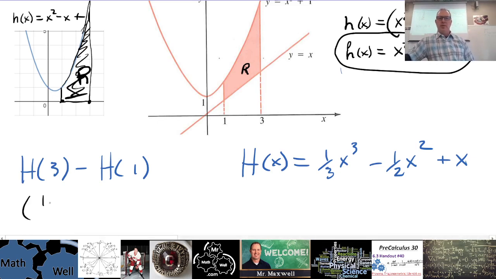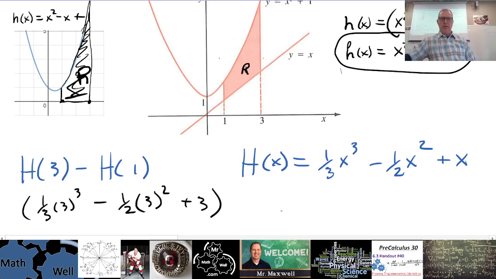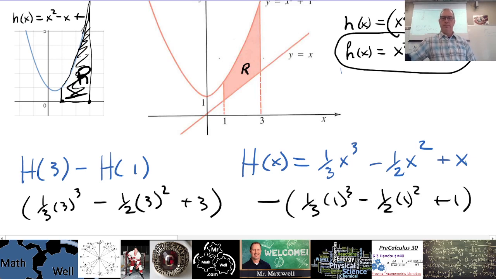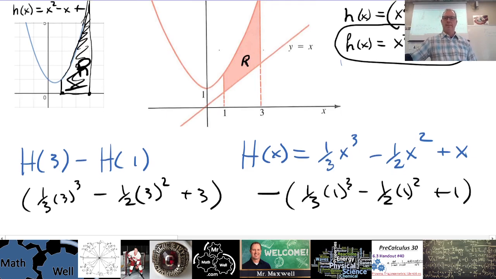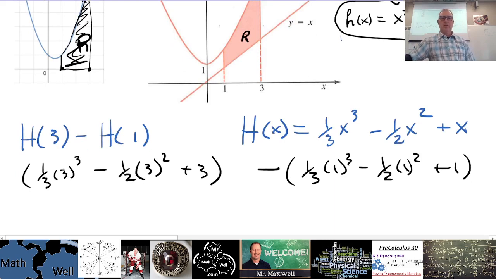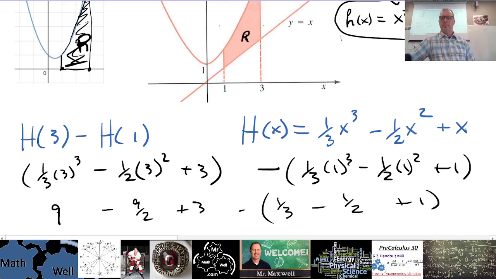So I've got 1/3 of 3 cubed minus 1/2 of 3 squared plus 3, minus 1/3 of 1 cubed minus 1/2 of 1 squared plus 1. Which, 27 over 3 is 9. I feel like we've been here before, just in the last class. 9, minus 9 over 2, plus 3, minus 1/3 minus 1/2 plus 1.